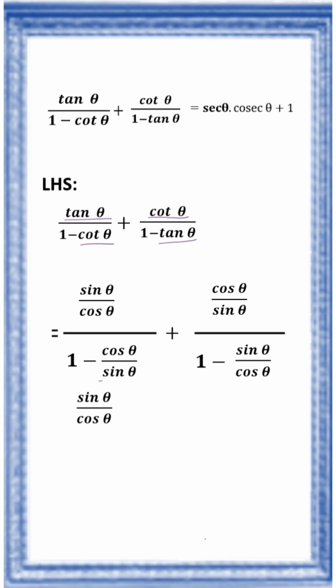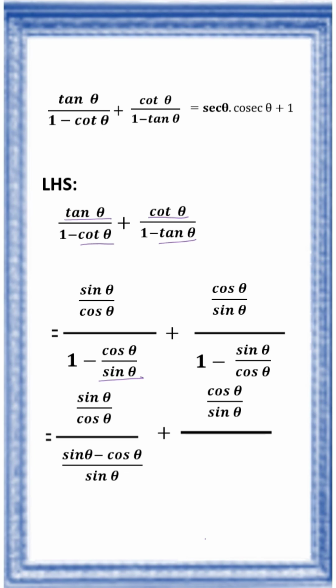Here LCM is sin theta. So sin theta minus cos theta upon sin theta, this plus cos theta upon sin theta upon, here LCM is cos theta, so cos theta minus sin theta upon cos theta.